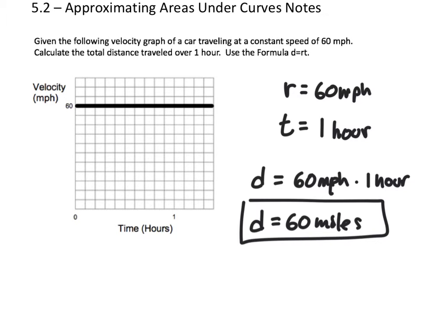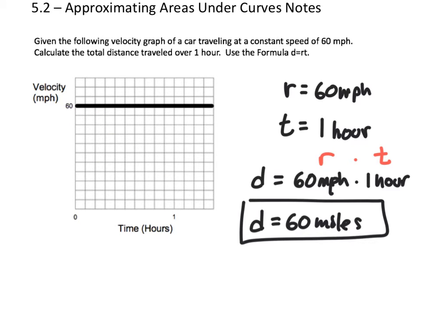But we need to figure something out here. What I want to show you is that we're taking a rate and then multiplying it by a time, but using this graph, we can figure that same thing out.